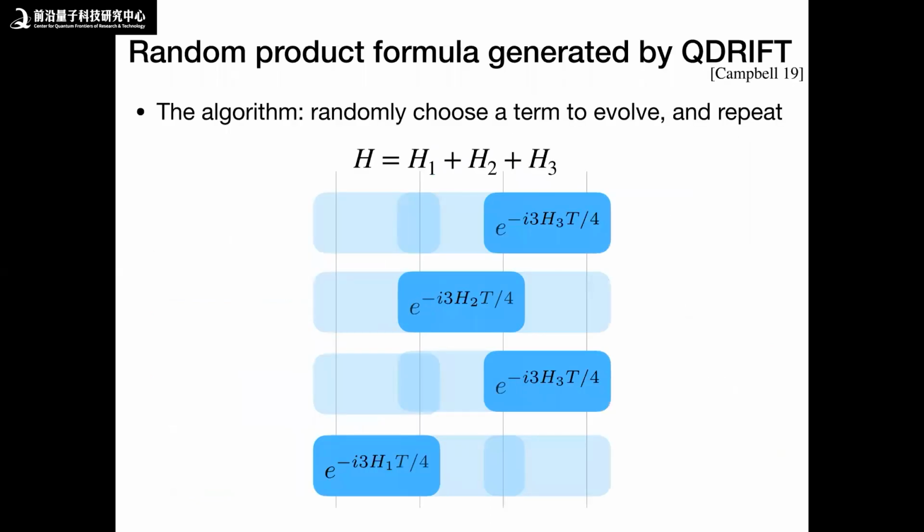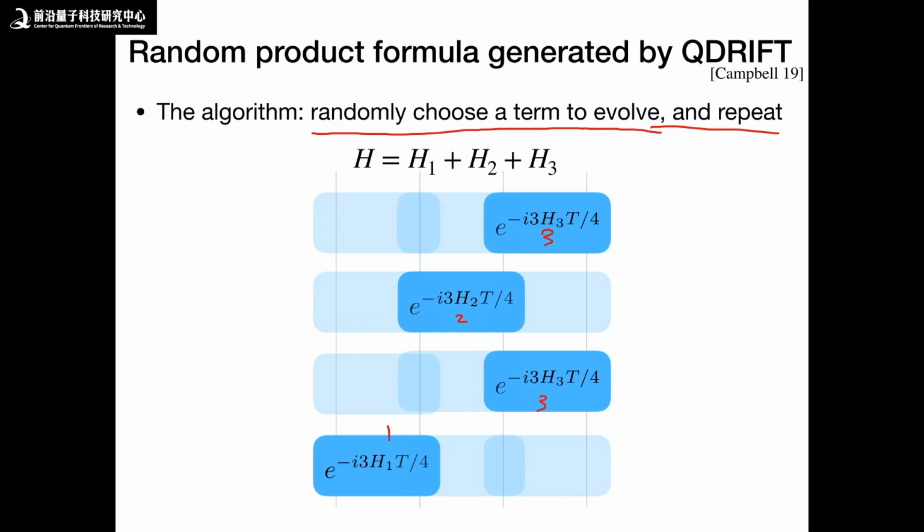And we're going to focus on this particular one of generating random product formulas in the simplest possible way. So here's the algorithm. You just randomly choose a term, one of the three, evolve for some time, and then repeat this process. So you're just going to flip a coin many times. This one gives you 1, 1, 3, 2, 3. And you can imagine each time your coin flips is going to give you a different gate sequence. The claim is that this gives you a pretty decent product formula.